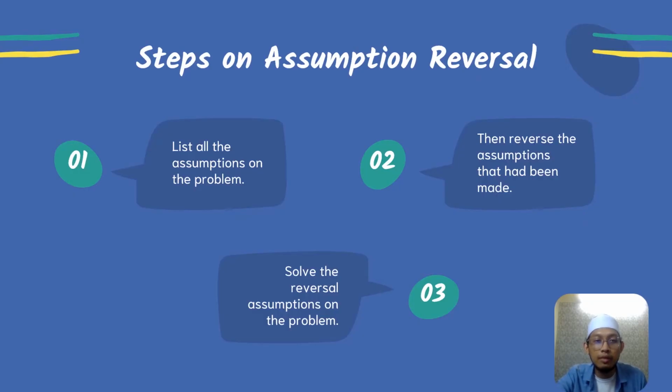So I've listed the steps of assumption reversal. It's pretty easy. For the first step, you just list all the assumptions on the problem. For the second step, you reverse the assumptions that have been made, and the last step is you solve the problem under the reversed assumptions.